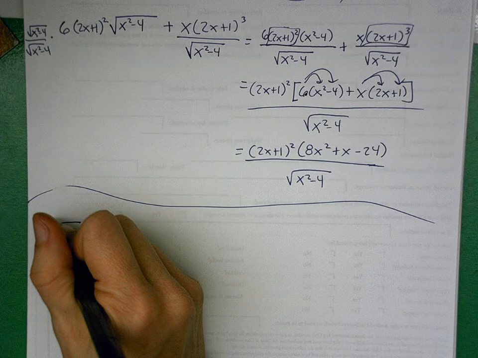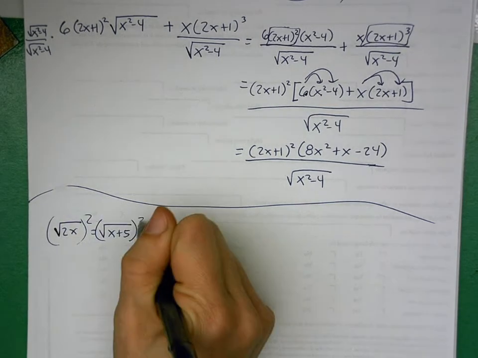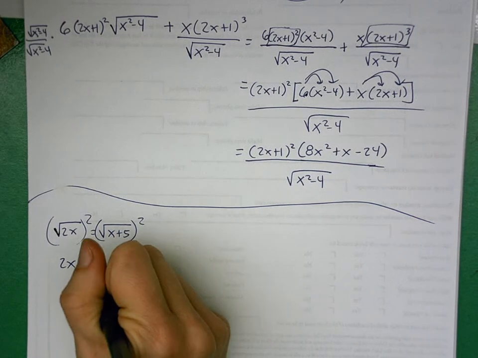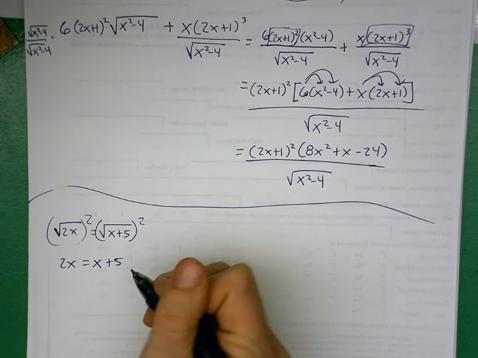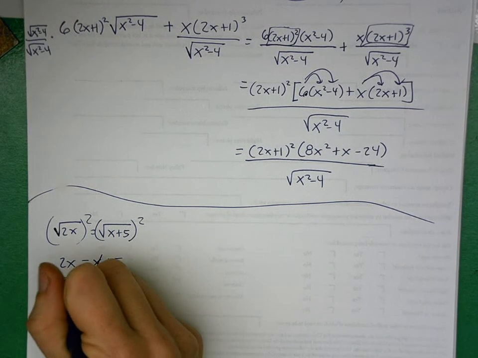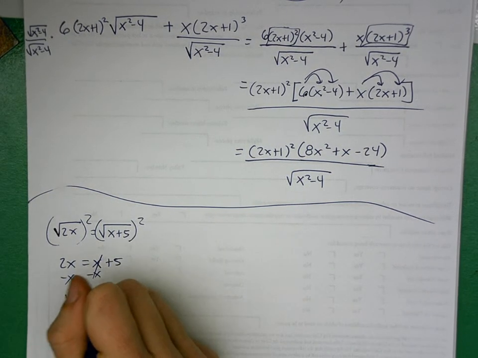So when I quantity square both sides, root 2x squared would be 2x. Root x plus 5 squared is x plus 5. And then when I subtract the x to the front, I get x equals 5.